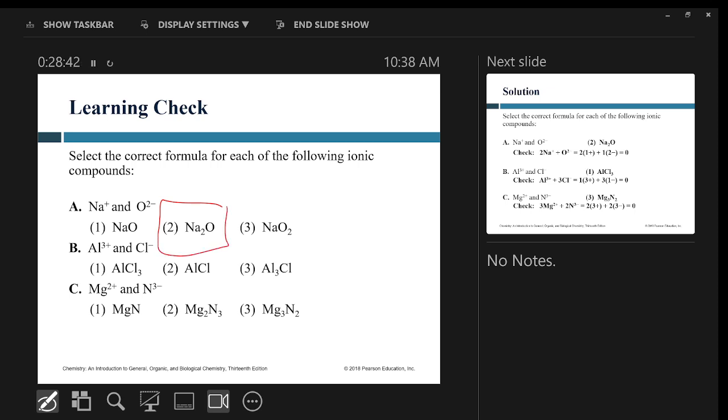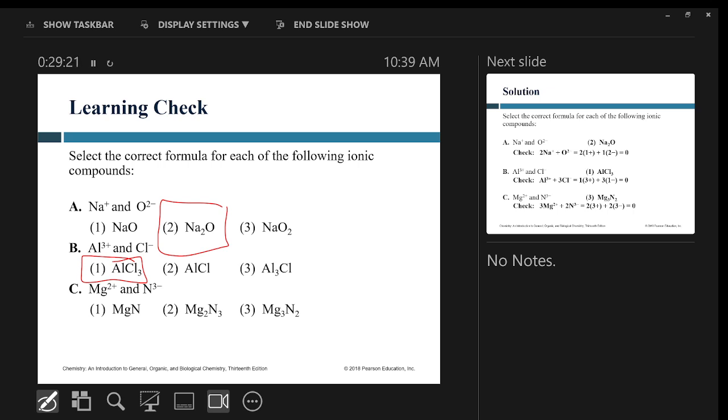Okay. Now the next one, Al3 plus and Cl minus. Which one's that? Got it. Mg2 plus and N3 minus. Anybody ever heard of cross multiplication before? That was that old thing you used to do for denominators back in elementary school to get them to the same denominator. You can use the same principle here.